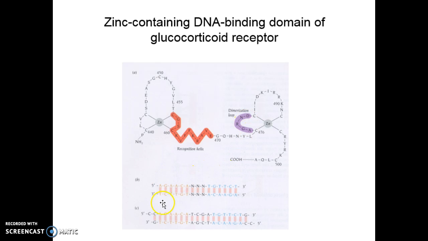You can see in B the DNA region that binds to the glucocorticoid receptor, called the glucocorticoid response element. The two palindromic half sites are separated by a spacer region in the middle.